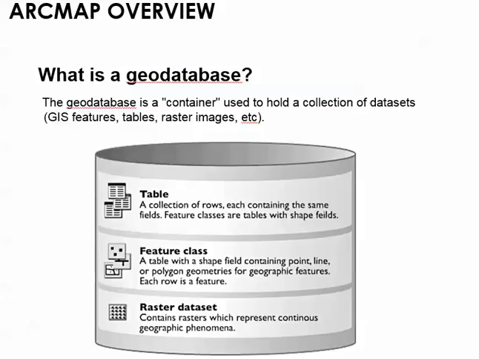So it'll have the city's name, perhaps the population, perhaps the total land area of that city. The other type of table that we'll be working with are census tables. Census tables are pretty much Excel spreadsheets that we can input into a geodatabase and join with our feature class layers.